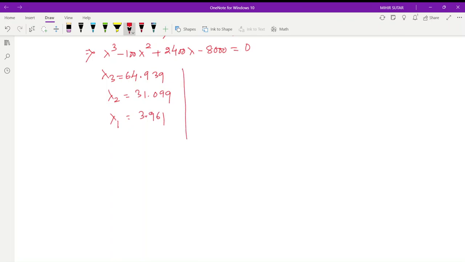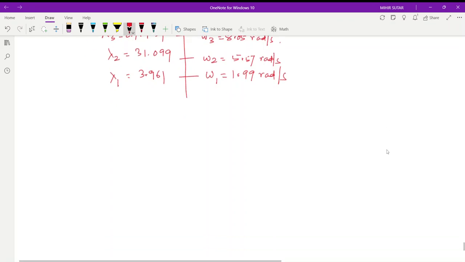Corresponding natural frequencies will be omega 1 will be 1.99 radian per second, omega 2 will be 5.57 radian per second, omega 3 will be 8.05 radian per second. Now this is one answer, we got the natural frequencies.